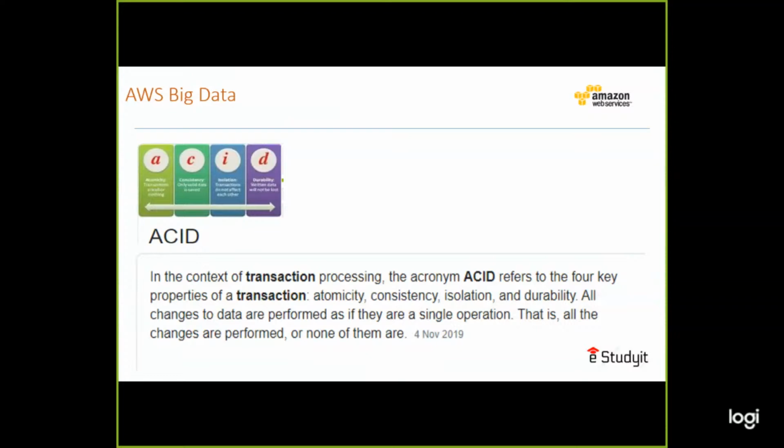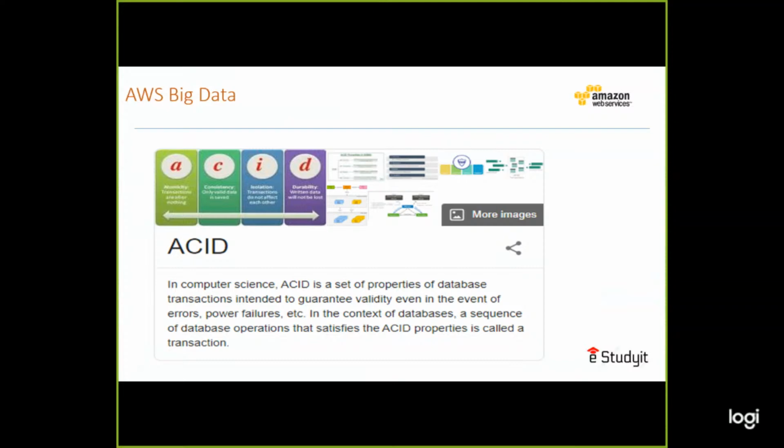Okay, great. Now, it's a computer science term. It's a set of properties on the data intended to guarantee the validity of the event, which allows you to handle errors and power failures, and to manage them after you save them, or manage them individually.